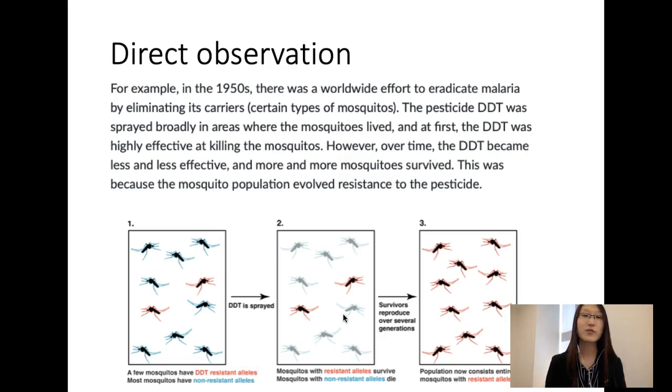And change in allele frequencies can lead to change in characteristics. So right here, there's a change in the characteristic, right? The change in the ability to survive of the mosquitoes. But ultimately, this difference in resistant versus non-resistant came from the genes. So there's a change in allele frequencies from this population to this population as well.